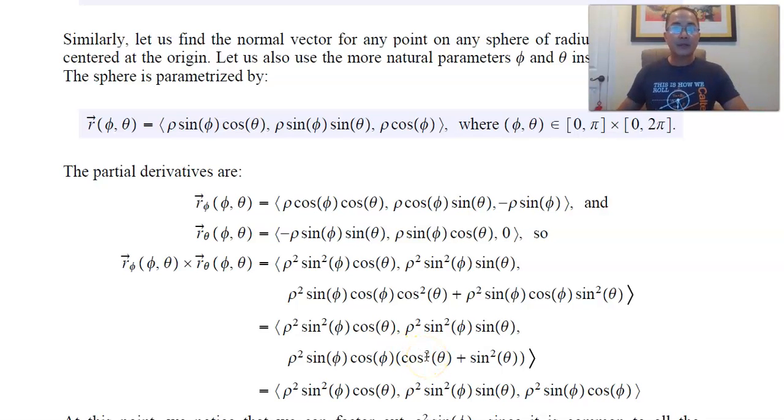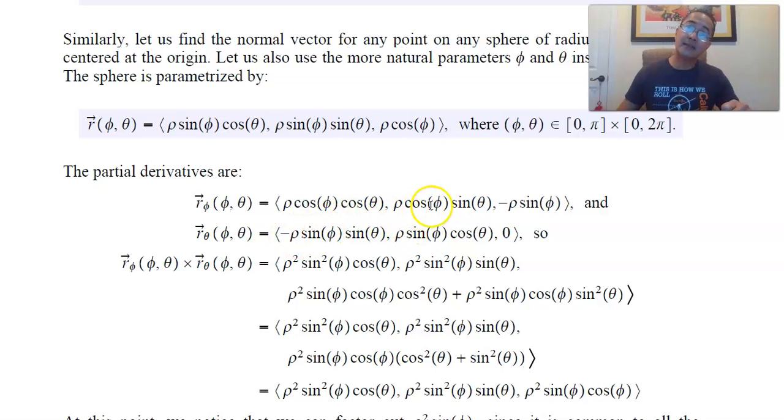Always. So we get for our x: 0 plus rho squared sine squared phi cosine theta, first coordinate. For y, plus rho squared sine squared phi sine theta, that's our y. For z, rho squared cosine phi sine phi cosine squared theta. There are two cosine thetas.